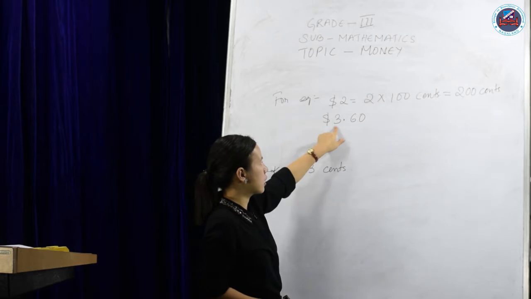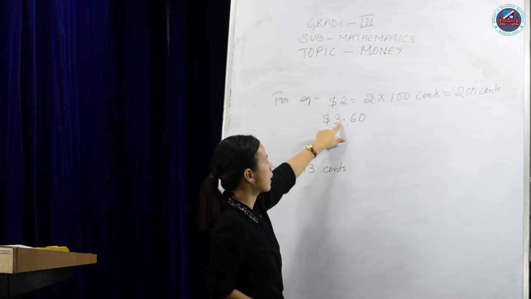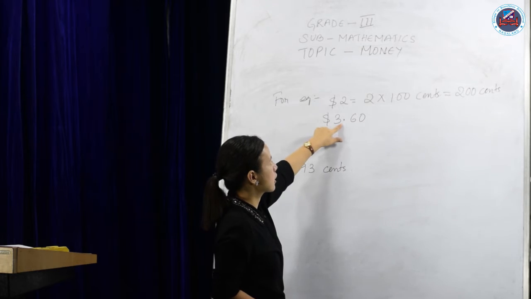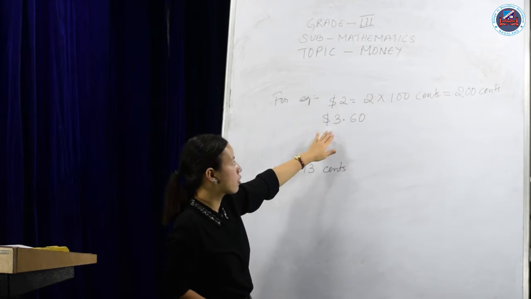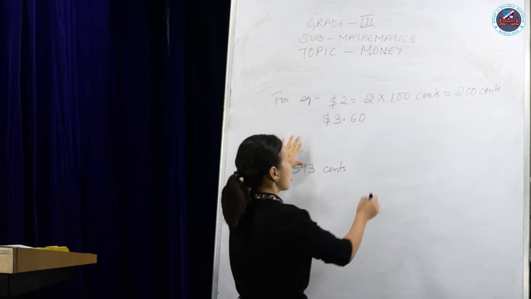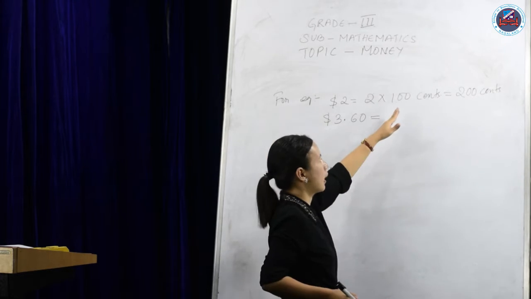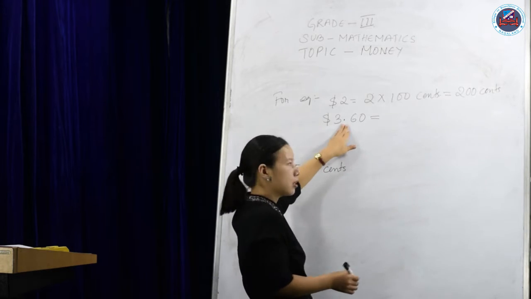Now here we have a point in between. This point tells us that it has separated the dollars amount and the cents amount. So when you come across a question with the dollars and the cents amount together, in that case, instead of multiplying by 100, you just remove the point.